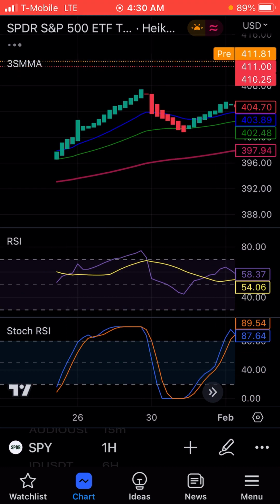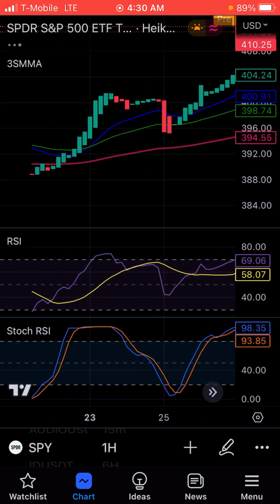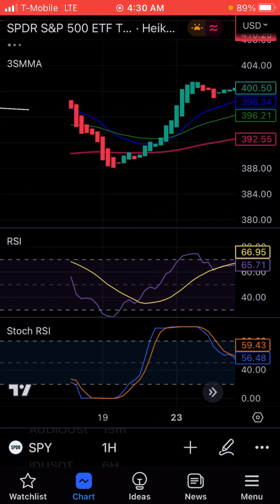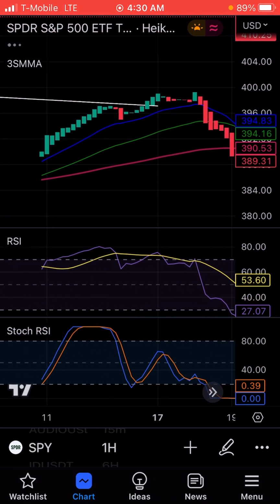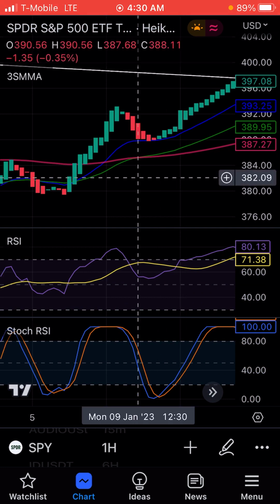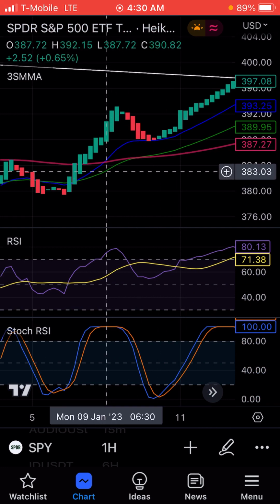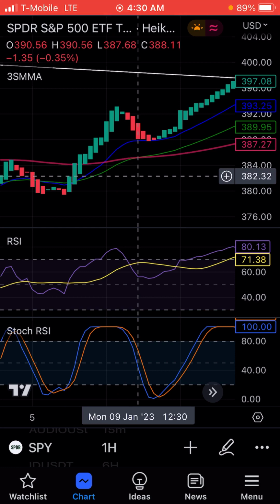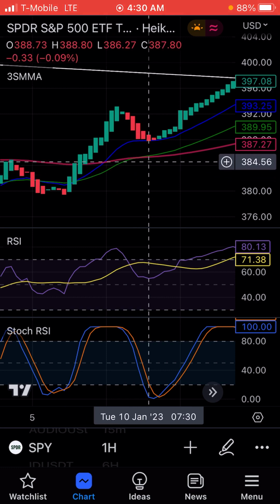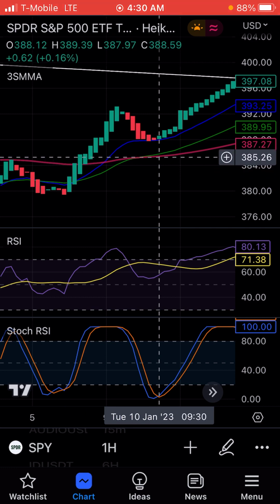So this is an uptrend, what we're currently looking at, because the other two EMAs are above the 55. So this one is a downtrend. What we want to do is wait for the blue line to pass through the orange line.